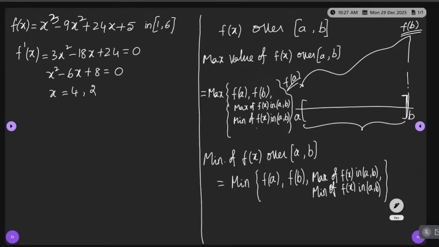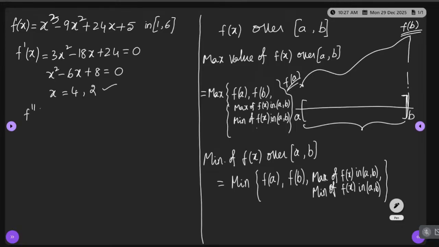X minus 4 into x minus 2. Have you got the same? Say yes or no. Is it clear? Right. So these are stationary points.